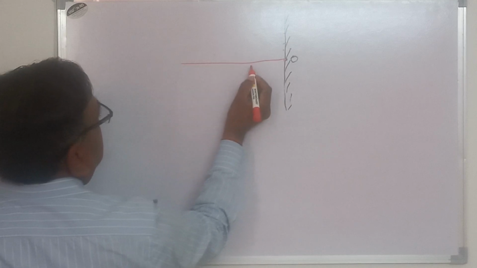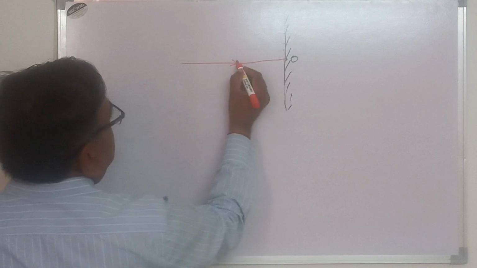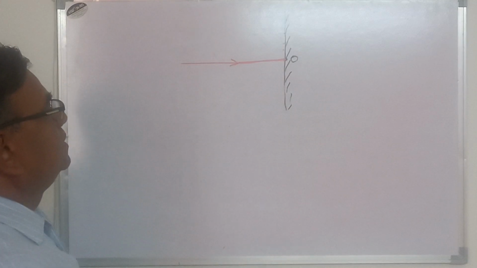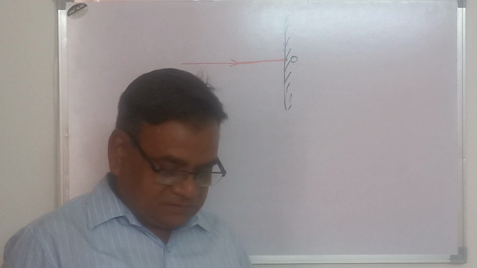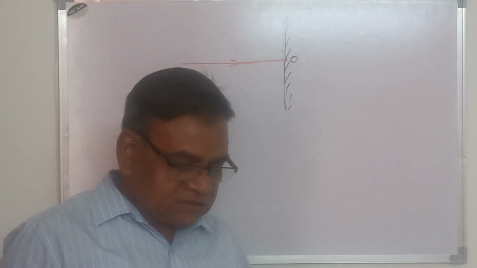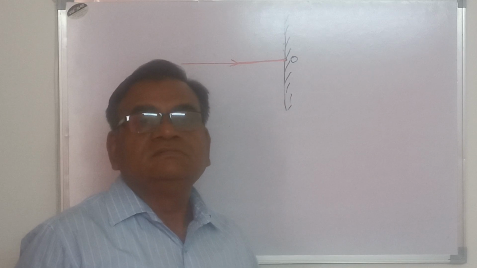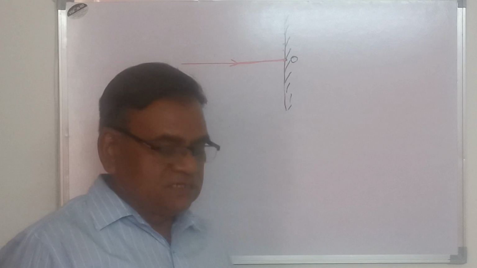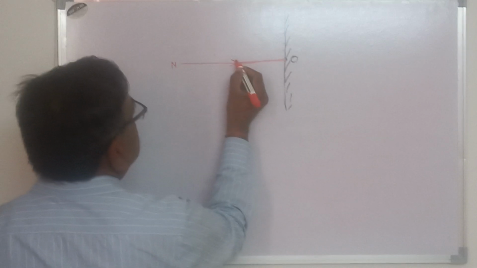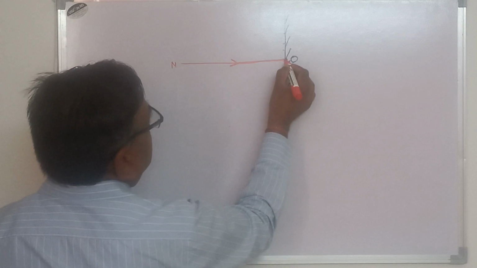This is the normal, and incident ray strikes normally. Normally आती है, 90 डिग्री पे टकराती है. Two questions are here. Angle of incident. This is normal, and this ray is striking the mirror here at 90 degree.